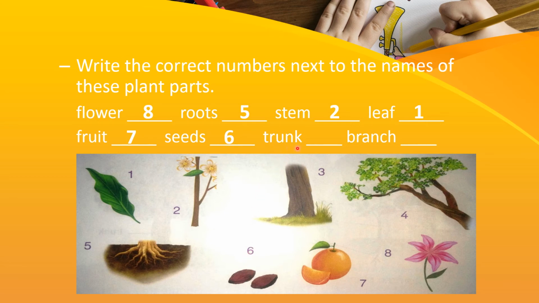Read the next word. This is trunk. Trunk, the thick stem. The number of trunk is 3. The last word is branch. And the number is 4.